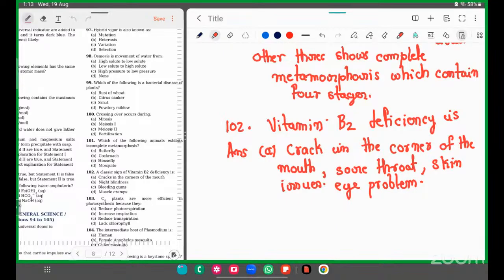It happens more due to vitamin A. So the other option is night blindness. Night blindness occurs due to the deficiency of vitamin A.